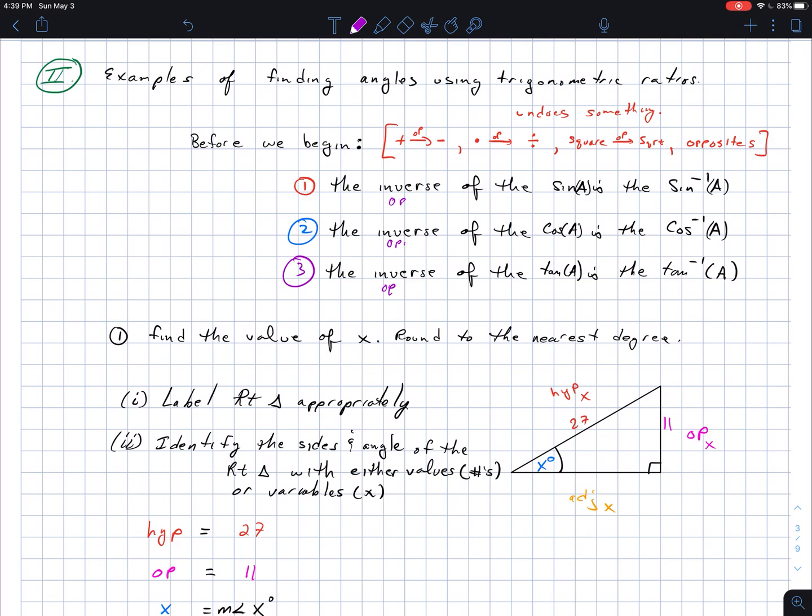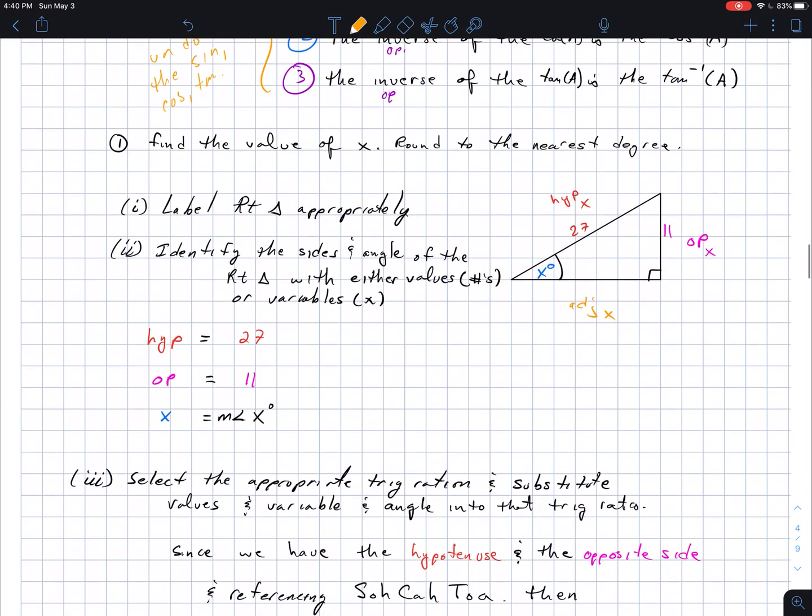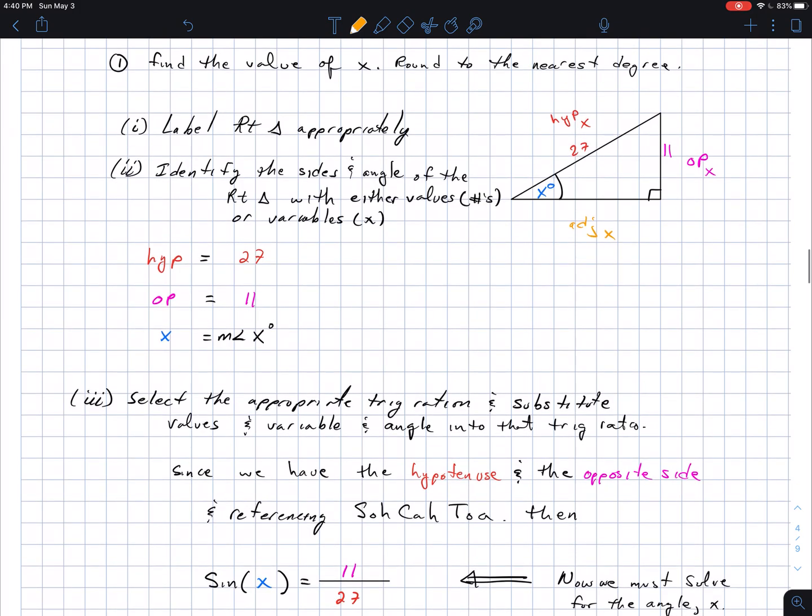So the opposite of tangent is tangent to the negative 1. Knowing these tells us how to undo the sine, cosine, and tangent.